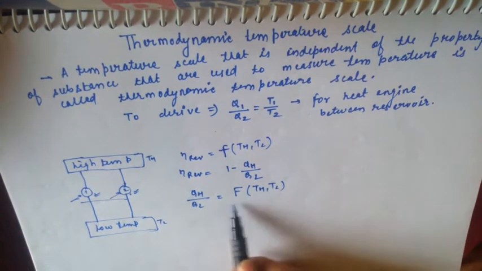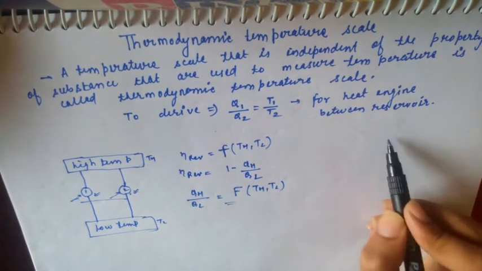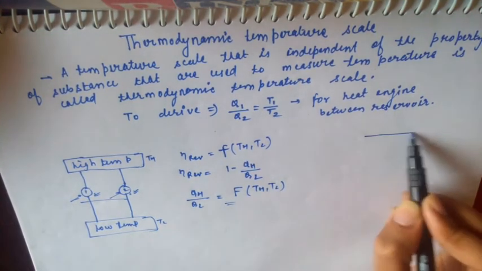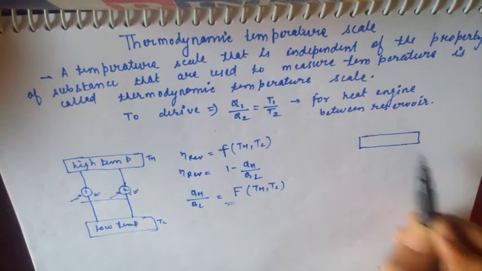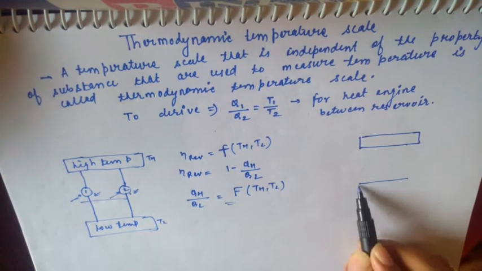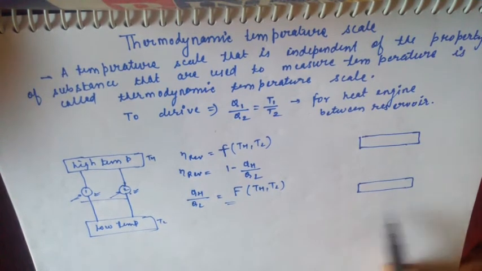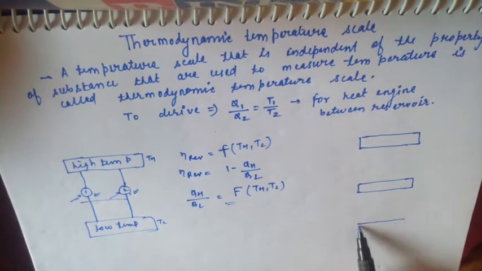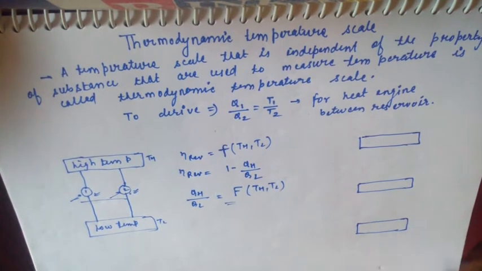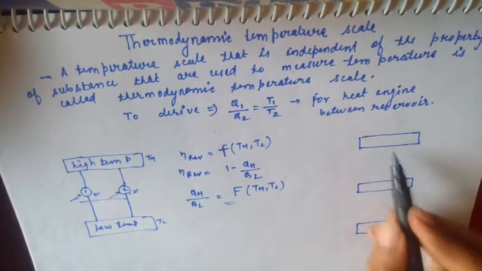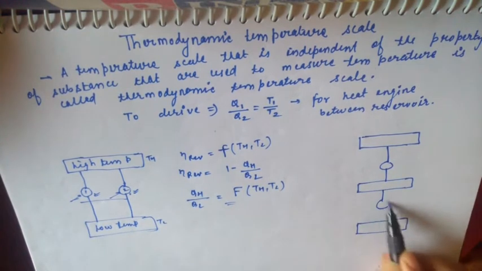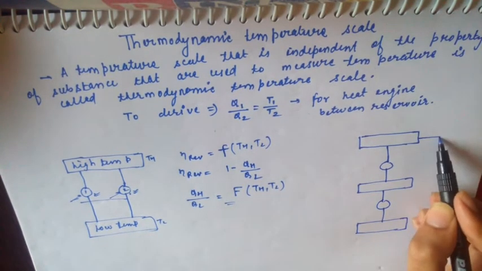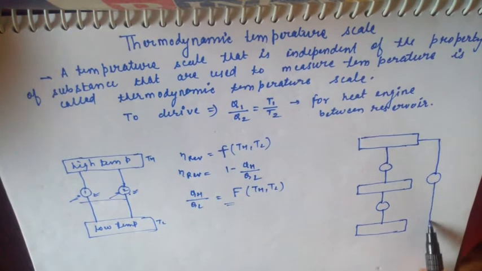Now we have arrived at this situation. Now let us suppose that there are 3 heat engines as shown. This is one heat engine, this is the second heat engine, and this is the third heat engine.